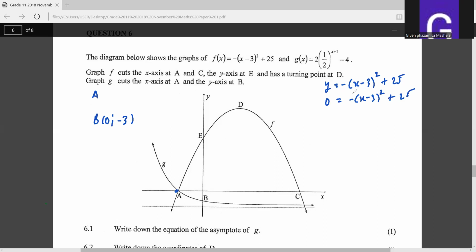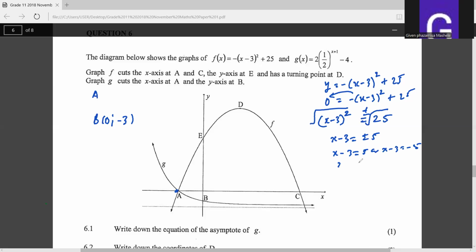Let's transpose this to the left-hand side, so x minus 3 squared equals 25. Then we apply the square root sign here, and we allow plus or minus. It means x minus 3 is plus or minus 5. So x minus 3 is 5, or x minus 3 is minus 5.